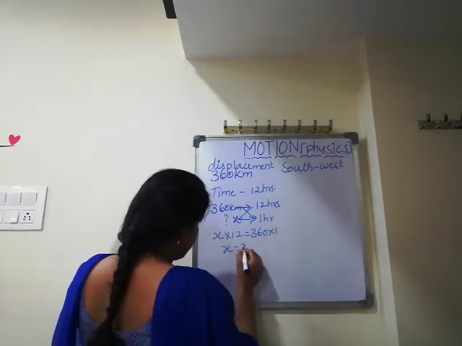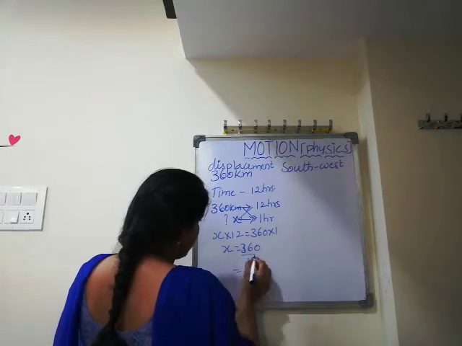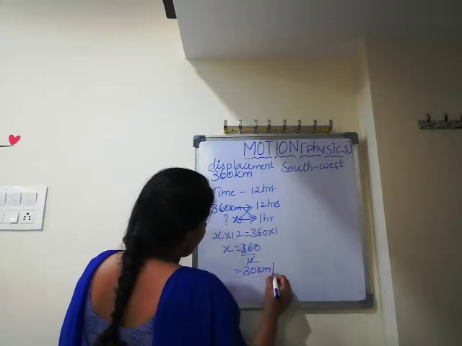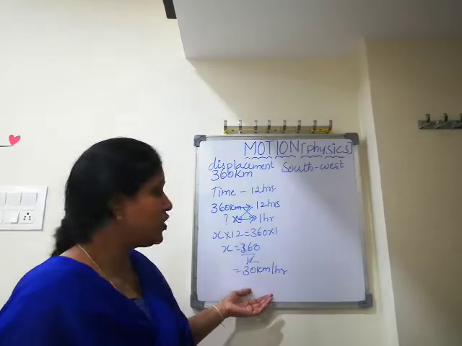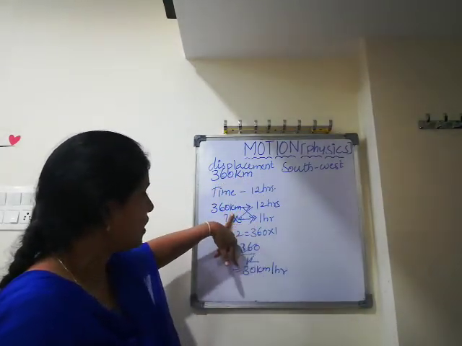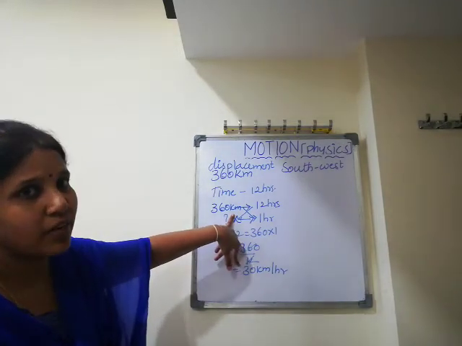X is equal to how much, children? 360 divided by 12. That is how much? 30 kilometers per hour. Yes or no? Clear, children? For 12 hours, the displacement of the train is 360 kilometers. For 1 hour, what is the displacement? 30 kilometers. Yes or no?